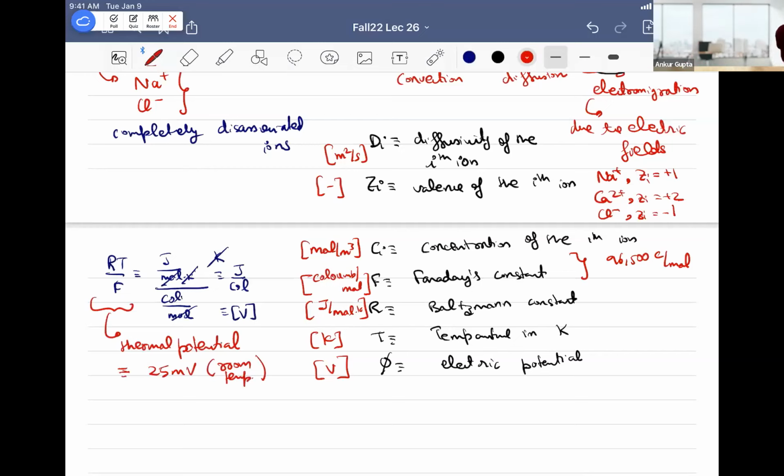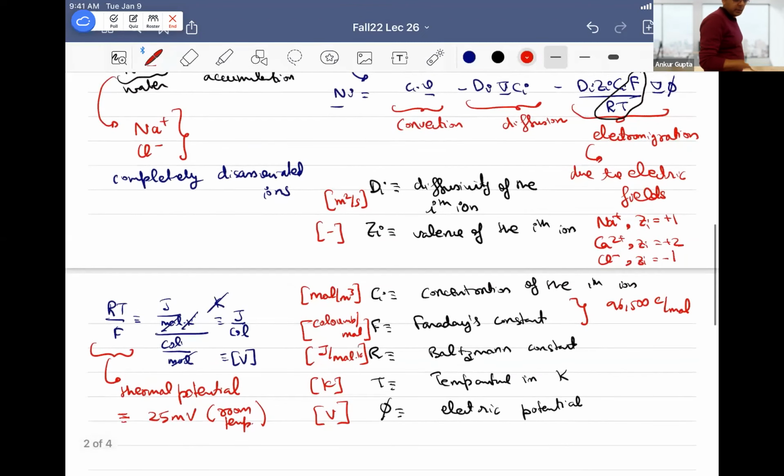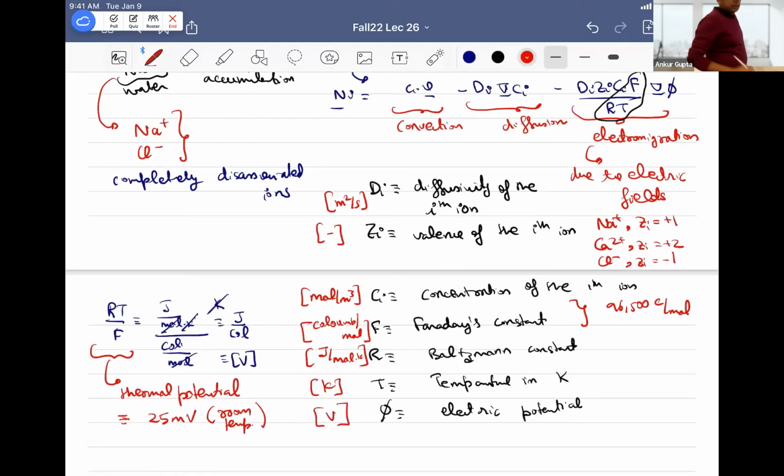What you are doing is comparing the potential in your system. Look at the top right, that's the grad phi, so phi divided by RT by F. In a way, you're comparing the motion due to electromigration as compared to the Brownian motion. So that's how the RT by F comes out.